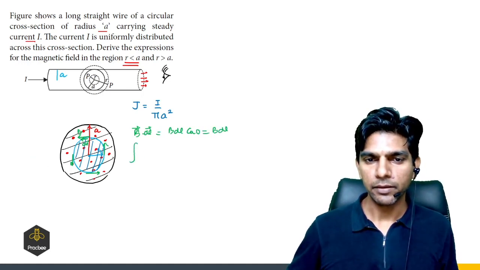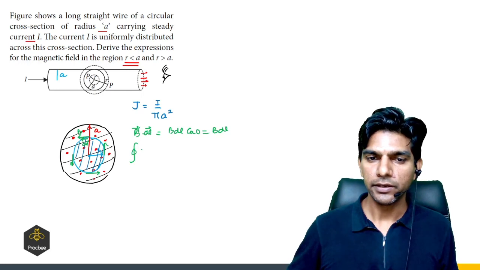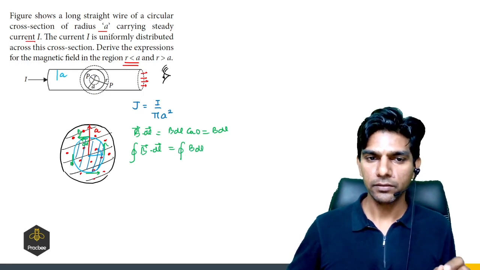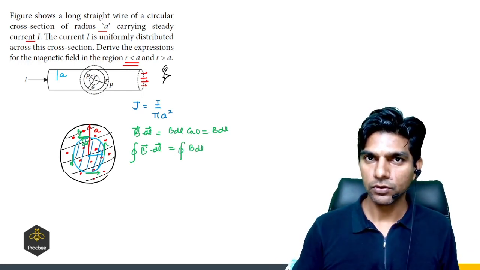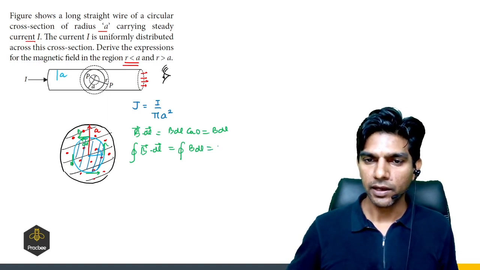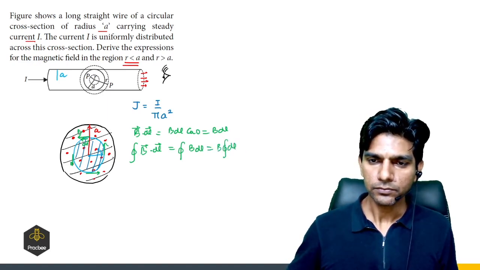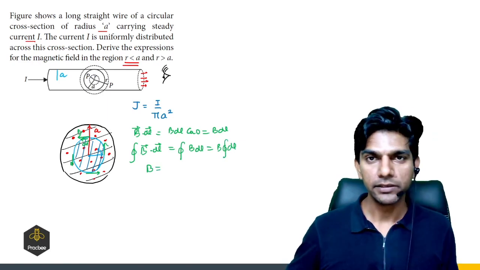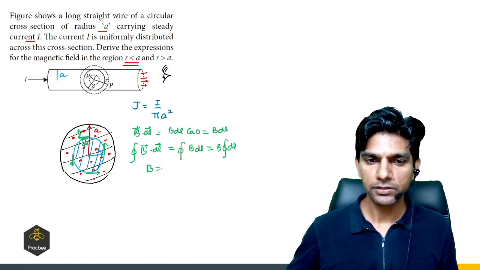Now if I apply Ampere's circuital law, the integral of B dot dl can be written as the integral of B dl, and B by symmetry has a constant magnitude at any point on the loop. So I can take B out of the integration, and this integral of dl is nothing but the circumference of this circle.